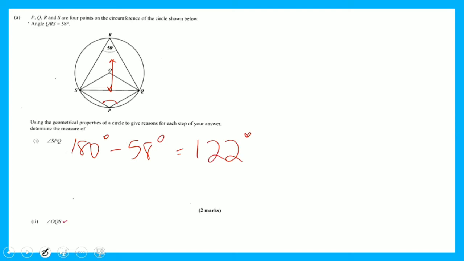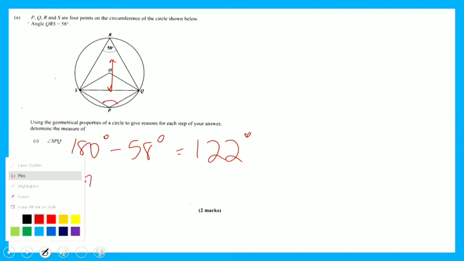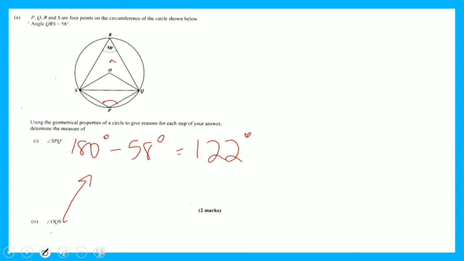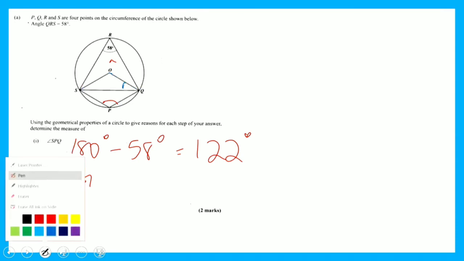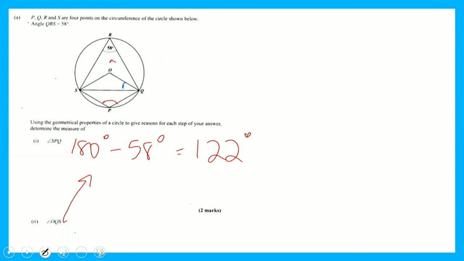OQS. Let me just move this up a bit. As we talked about, we knew they were going to ask us to find OQS. That means we are looking at this angle right here. And as we discussed, if we know the angle formed at the center, it's easy for us to know either of these two side angles. So you show that you know how to find SOQ first.